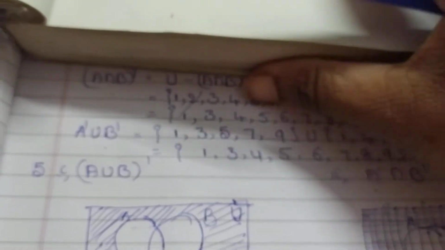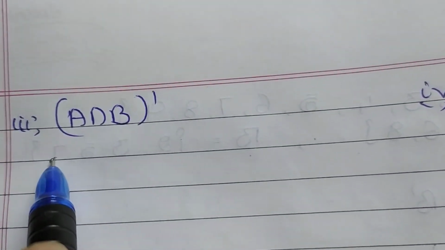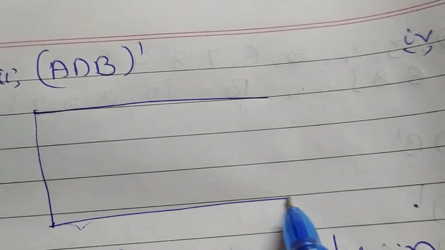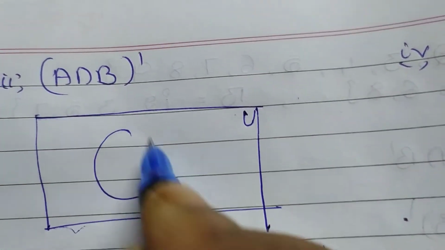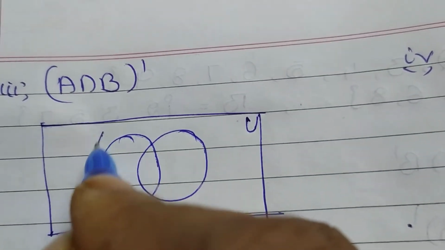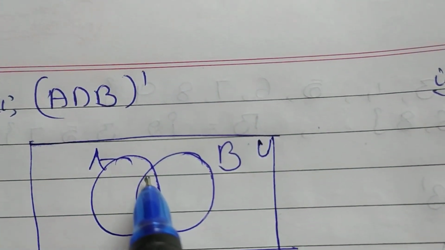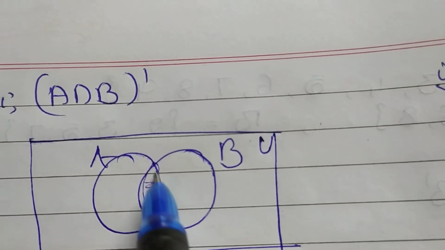Now coming to the next one. See, A intersection B whole complement. This is the universal set, and this is A, this is B. Now A intersection B means this part.